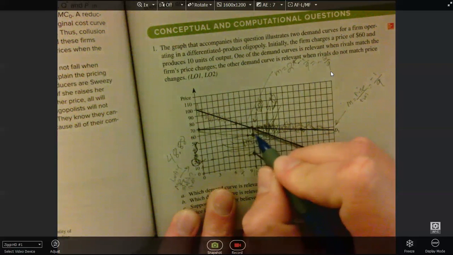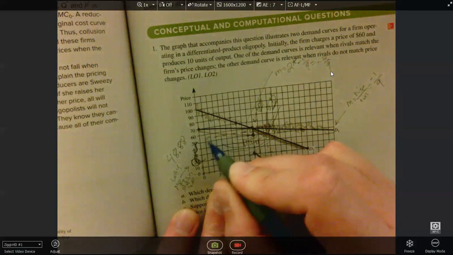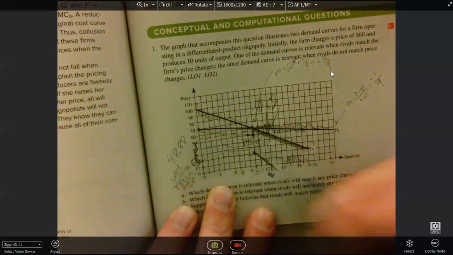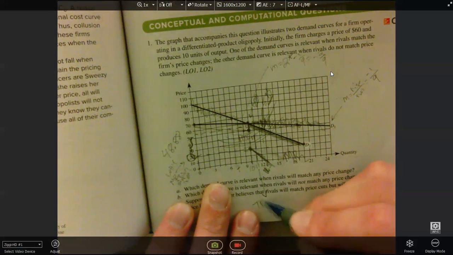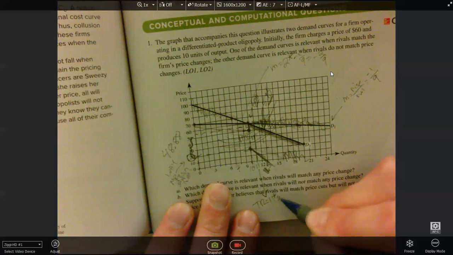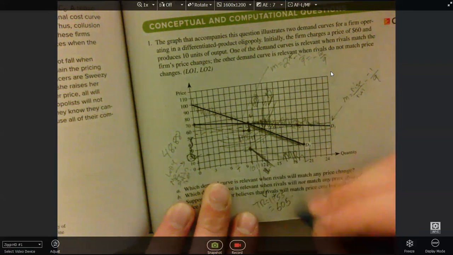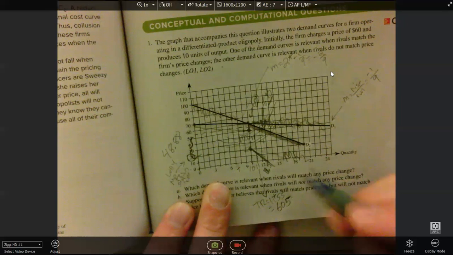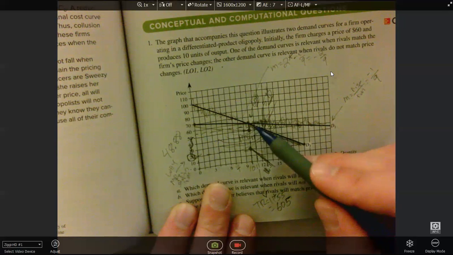Right in the middle. Again, rounding's fine. So at 11, it's 55. Our total revenue is 11 times 55, which ends up giving us 605. Awesome. So what is the marginal? Is that right? 605?